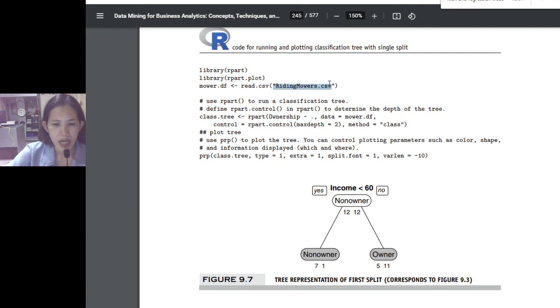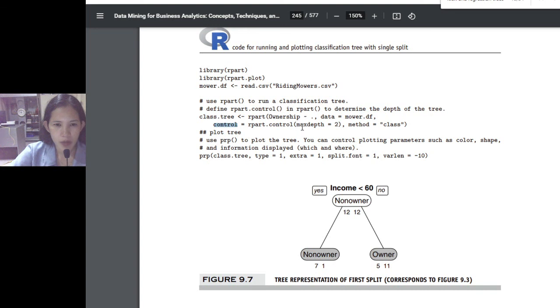This is the file name of our data set, and then we store it in mower.df, and then we use the rpart to run a classification tree and define rpart control in rpart to determine the depth of the tree. So here we use the class.tree, and then we use the function rpart, and then we define the class. The outcome variable is the ownership, and then the data is from our mower.df, and we use the control for the depth of the tree.